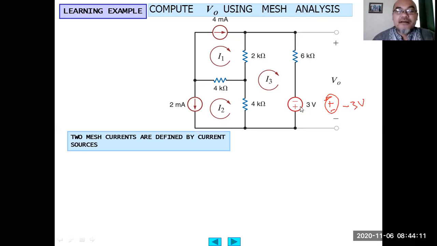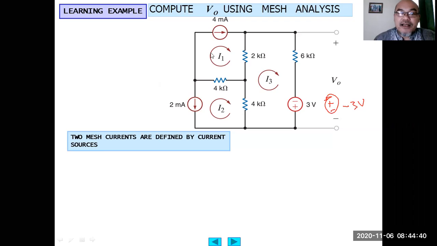Here we have basically 3 meshes, 3 loops within the circuit. If we are speaking about loops, you can also have a fourth loop encircling the outer path of the circuit. Now we consider mesh currents, so we consider loops that do not enclose other loops.